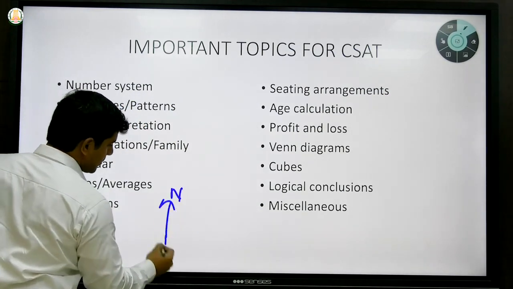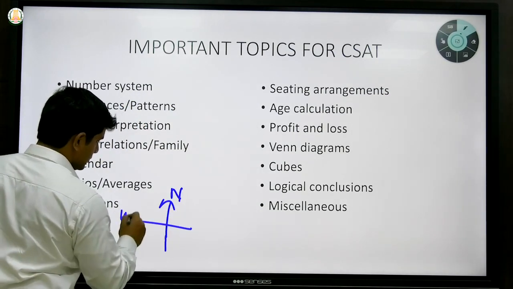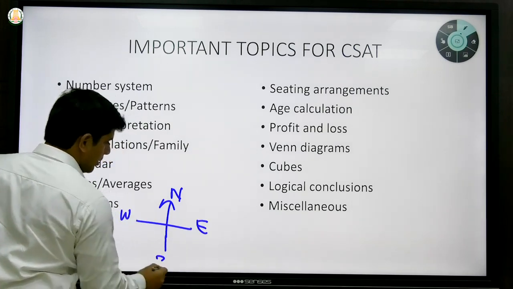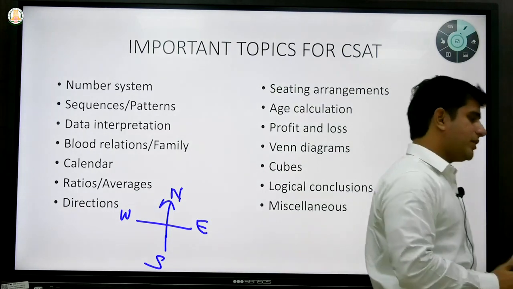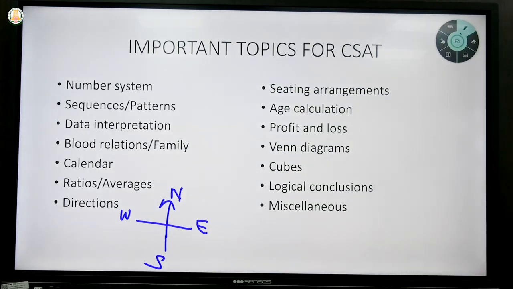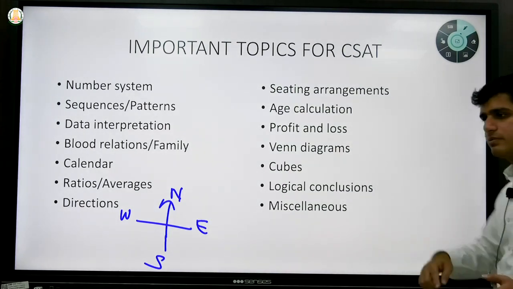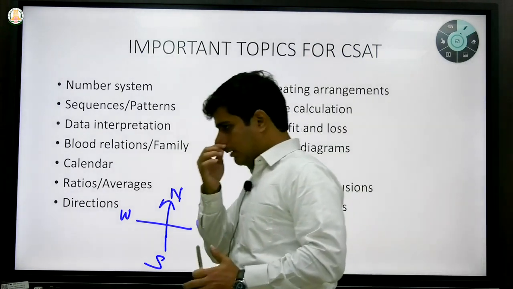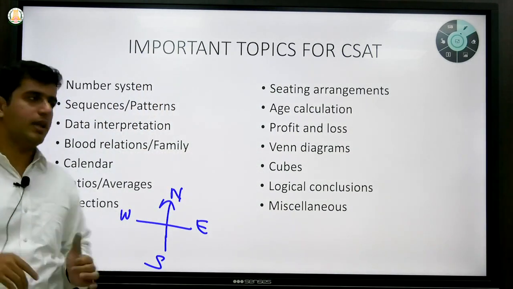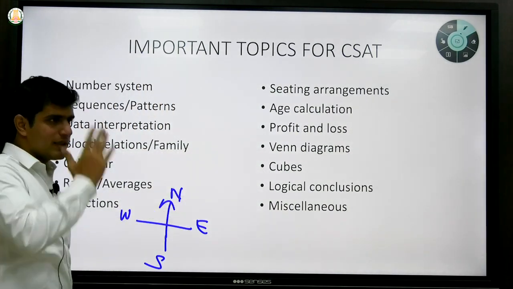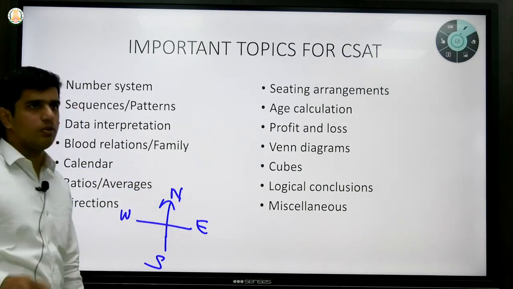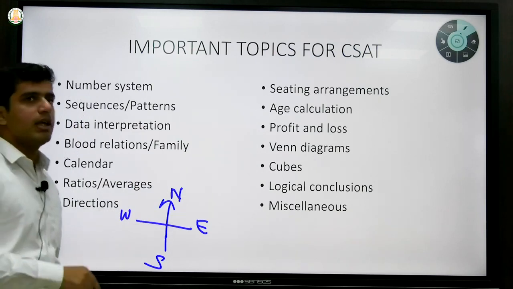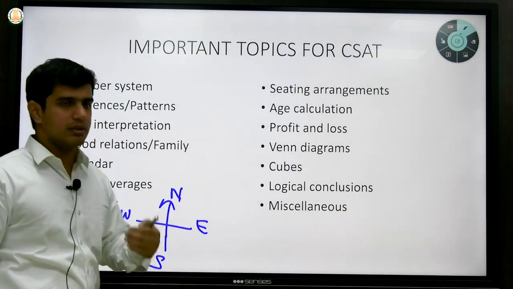It doesn't change with the person's movement. But when they say he moves rightwards, let's say a person starts from here, goes straight, then moves rightwards, then rightwards, then rightwards, it's based on his own position. It's not with respect to the standard. That is very local to the person. This is a global direction. So whenever he says northwest, go for this. When he says right, left, go for the person's directions.